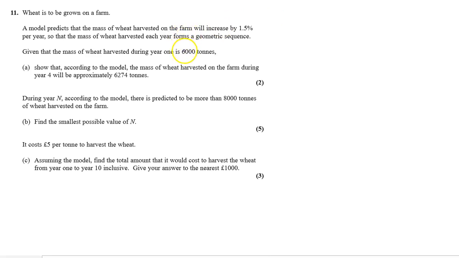So this is making a geometric series. So the first term here is 6,000 and the common ratio is 1.5%. 1.5% means 1.5 over 100.